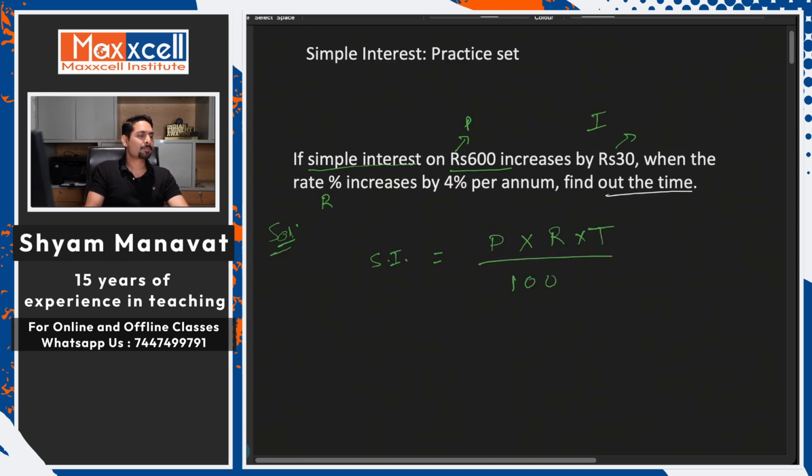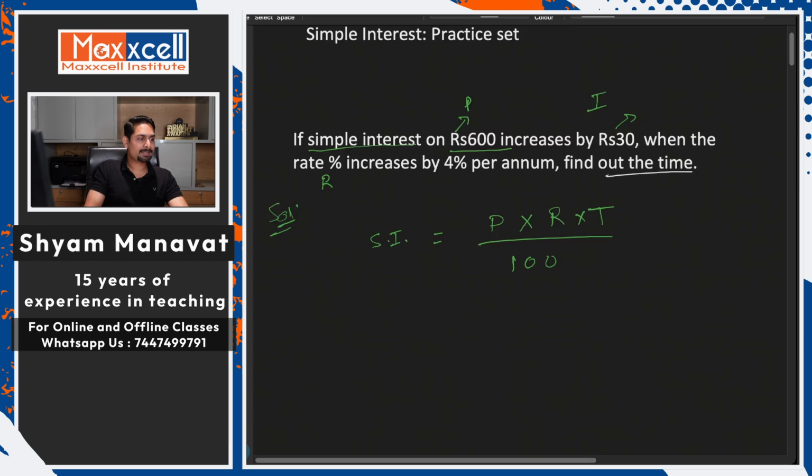Initially, as we assumed interest to be I, principal is 600, rate of interest you don't know, and time definitely you need to find out. So time is also unknown. Let's assume the time to be t. It is not necessary that you have to assume x, y, z as the variable all the time.